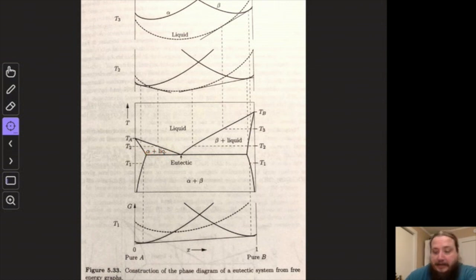Now, eventually, these tangent curves, which are getting flatter and flatter as the liquid curve smashes upward into the two solid curves, eventually these two tangent curves will meet somewhere over here at a point we call the eutectic. And this point is interesting.